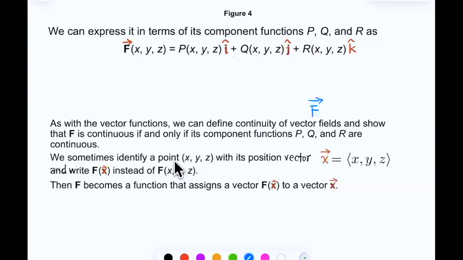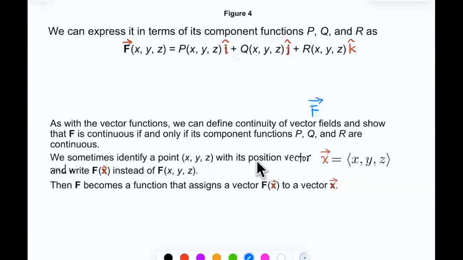Now, sometimes we identify a point (x, y, z) with its position vector. So this point over here is identified with this position vector. Putting a bar on top, x bar will be the position vector associated with this point, right?